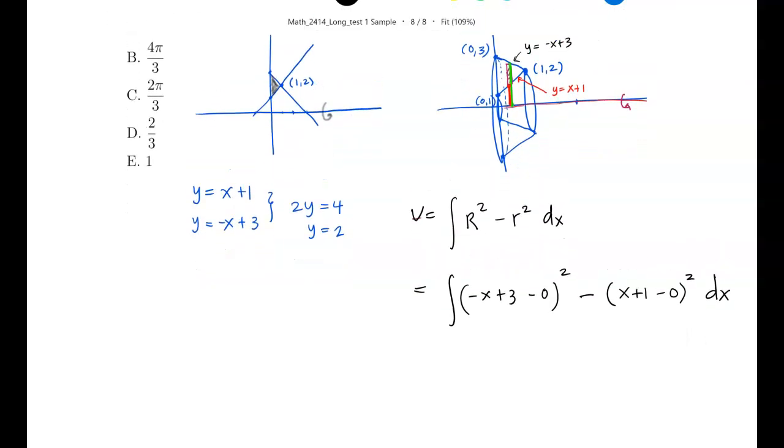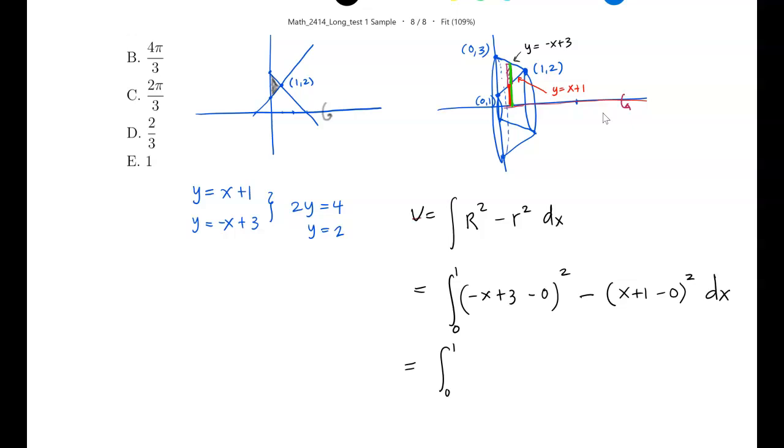Now you would write the limits of integration. You look at the x-axis. The x coordinates are from 0 to 1, starting from here to here. And then you simplify it, from 0 to 1.